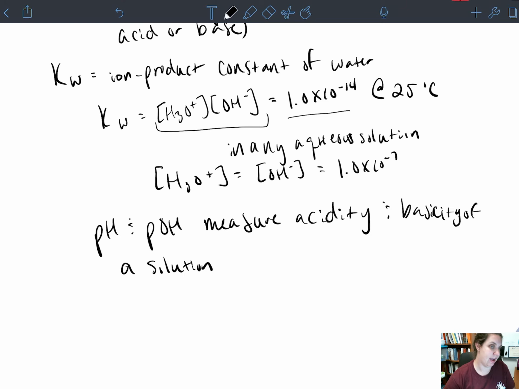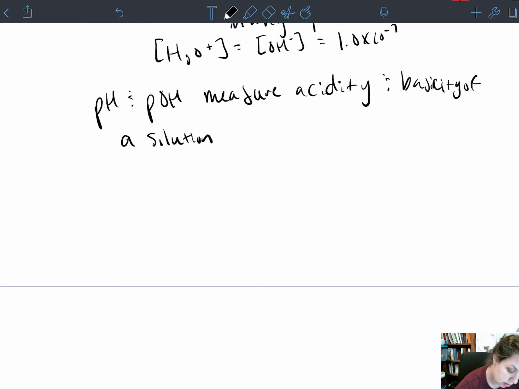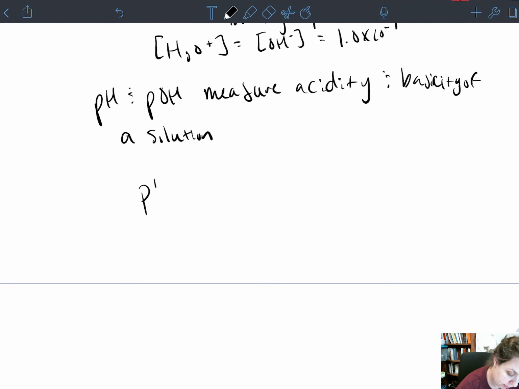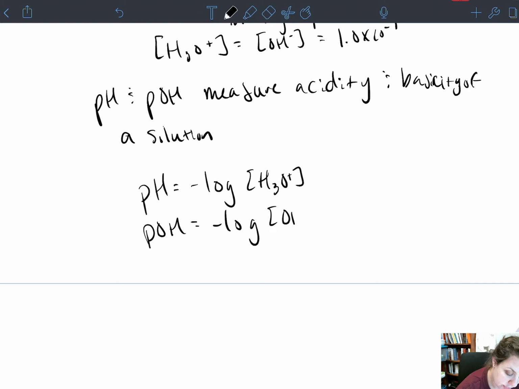So we have some ways of calculating this. Our pH is equal to the negative log of the hydronium concentration, and pOH is the negative log of our hydroxide concentration.